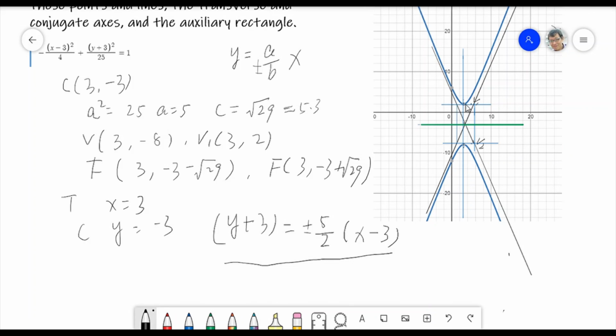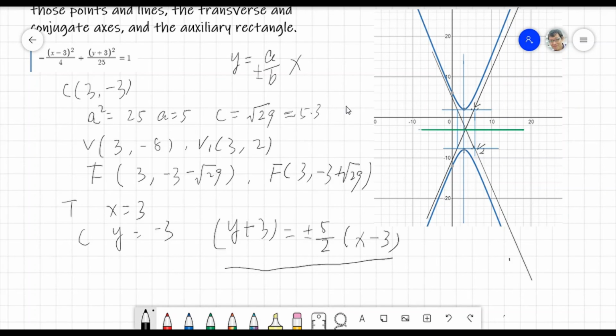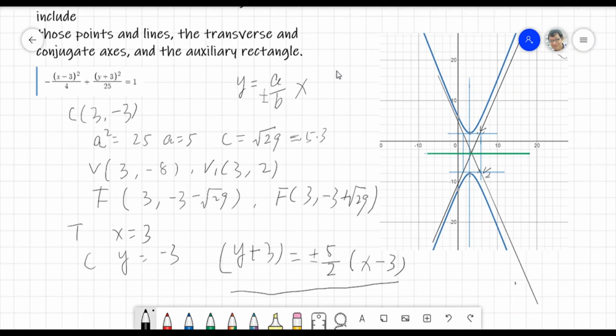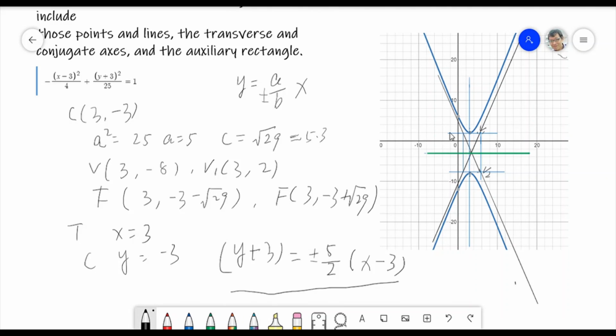These lines are perpendicular to the transverse axis and pass through the vertex. These are the same. So since we have these four lines, 1, 2, 3, 4, we definitely have four intersections, and we link them with these vertical lines, so we have the auxiliary rectangle.